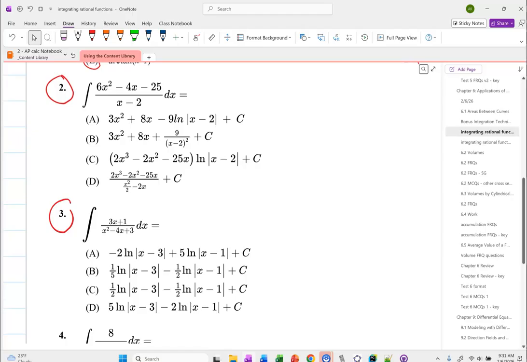Whoever wrote the possible answers for 3 did a better job than they did on 2. Yeah, go ahead.